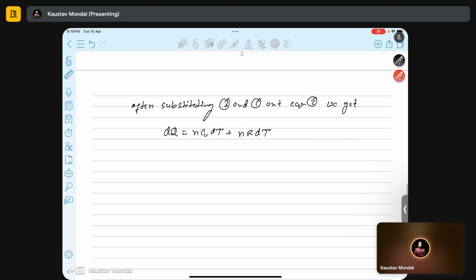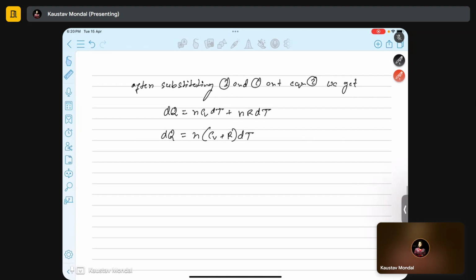From here you can write dq as n(Cv plus R) dT. Now Cp you can simply write as dq by dT, that means n(Cv plus R).